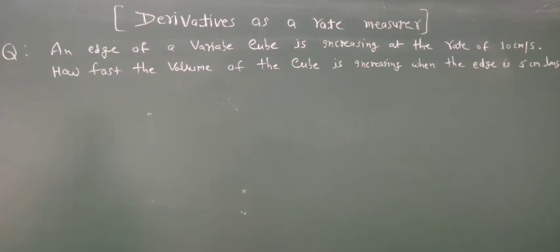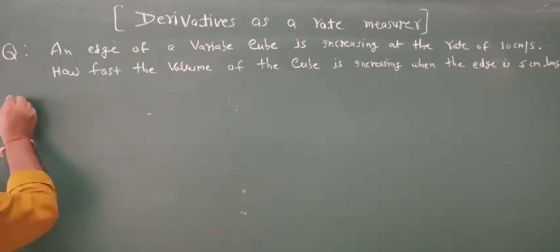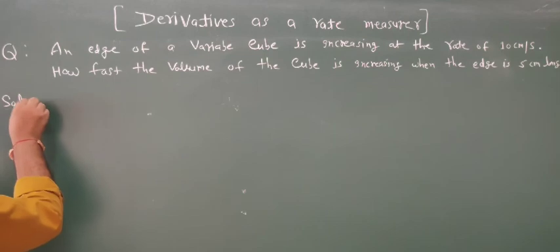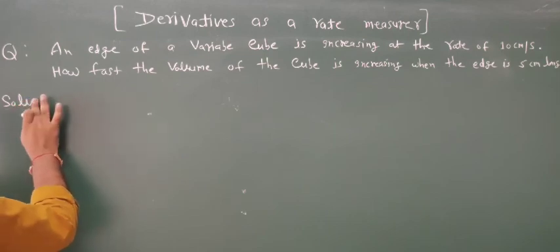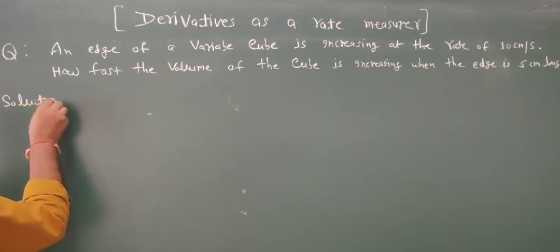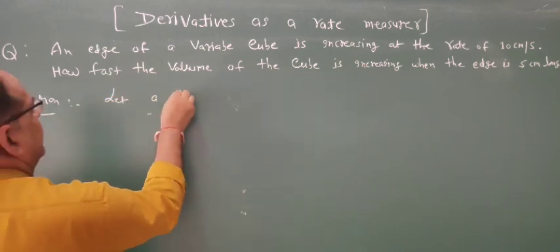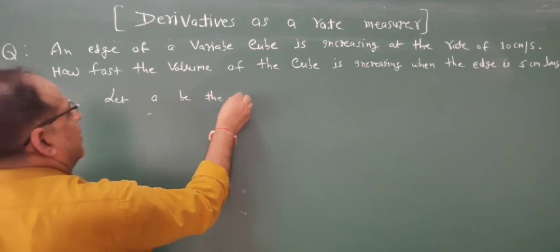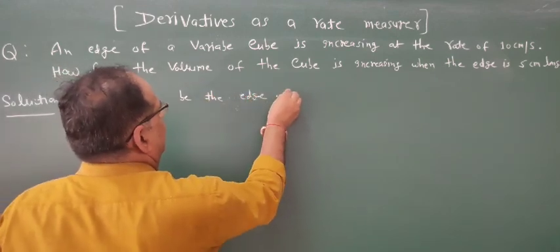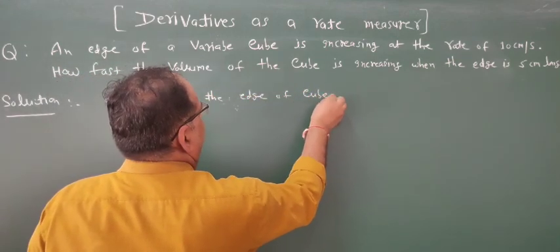Now I am taking another question. An edge of a variable cube is increasing at the rate of 10 centimeter per second. How fast is the volume of the cube increasing when the edge is 5 centimeter long? So now let A be the edge of the cube.